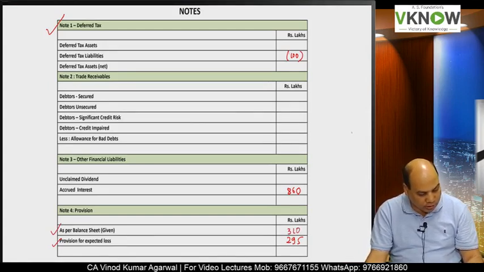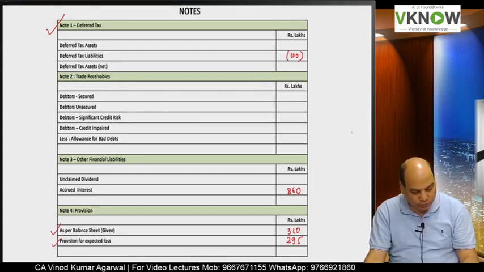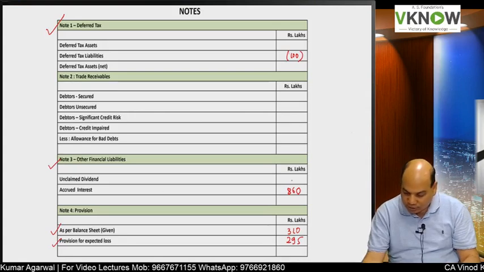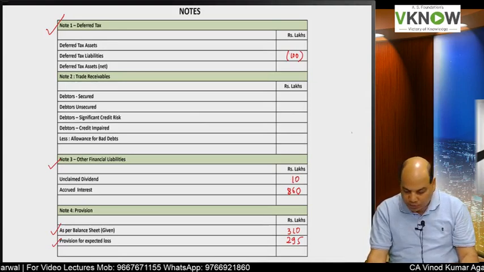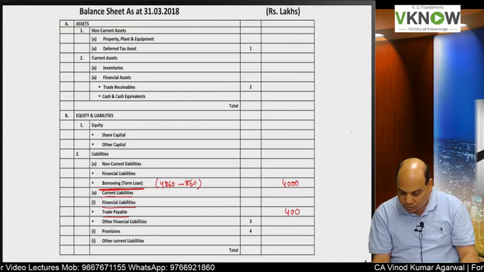Then other current liability, note number 4. We have to read note number 4 in the question book, where the breakup is given. Unclaimed dividend 10, which you will put in note number 3, other financial liability, unclaimed dividend 10. And that billing in advance, I'll come back to balance sheet.